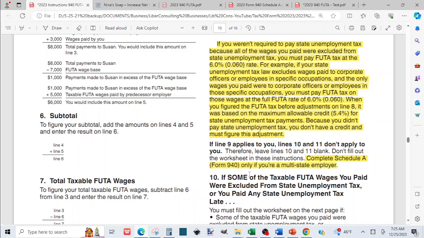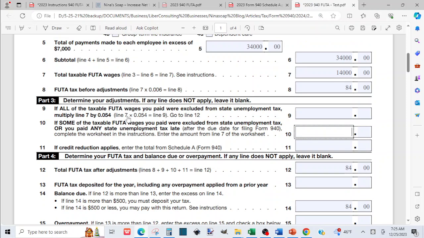Complete Schedule A only if you are a multi-state employer. Again, you might want to read this section. The way I understood it is, if line 9 applies to you and you charge 5.4% on line 7 and put it here, automatically you do not complete line 10 and 11.